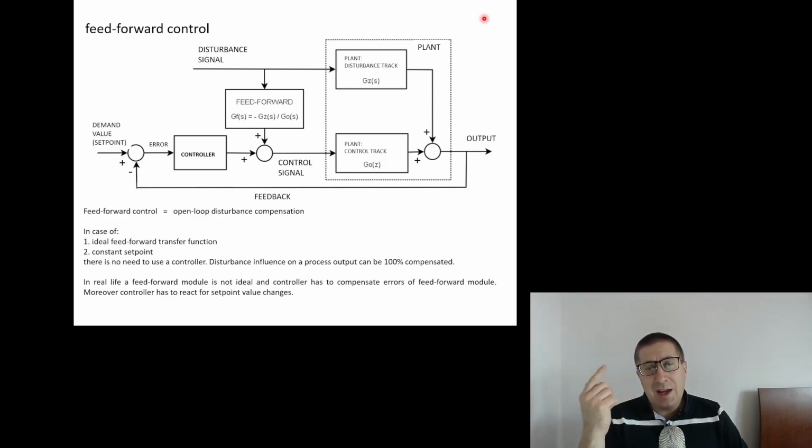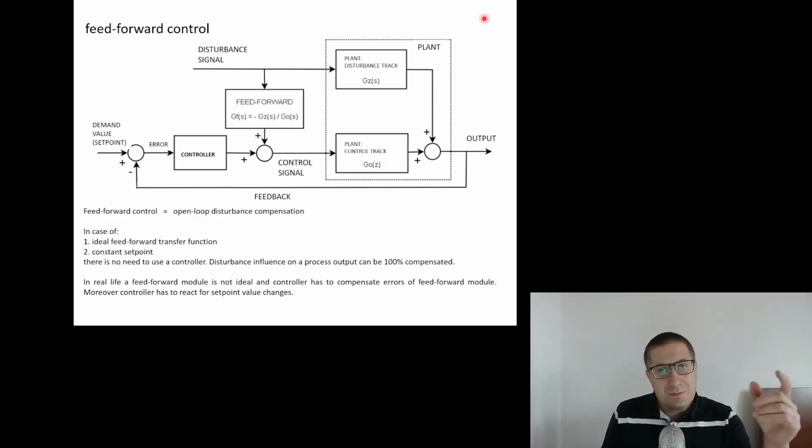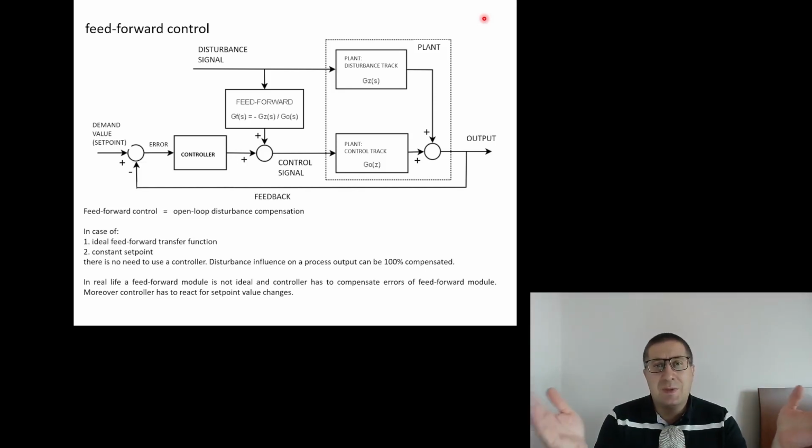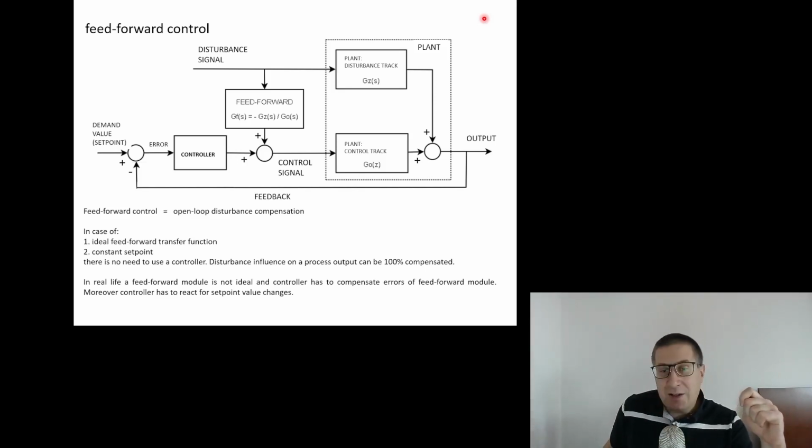So the idea is that if I know that someone opens the window, so the disturbance has changed, and the transport delay in this disturbance track is 2 minutes, and on the other hand, I have this radiator here, I have a plant, and the control track delay is half a minute.